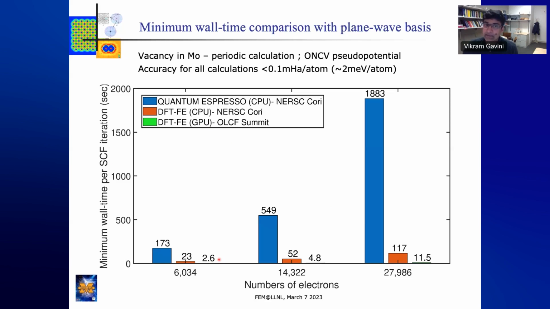So it works well on few nodes, maybe 1 or 2 nodes, but then the scaling falls off pretty dramatically. So as you can see, DFT-FE is able to take advantage of the leadership class computing facilities and architectures and be able to do large scale calculations in a fast manner and at the same accuracy as that provided by state-of-the-art plane wave codes.